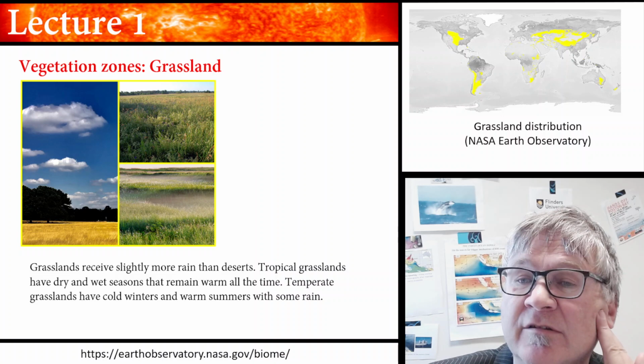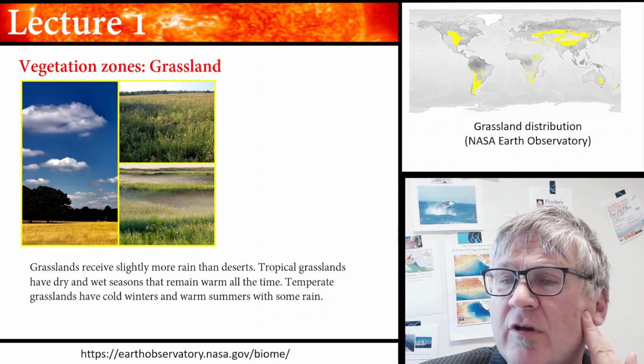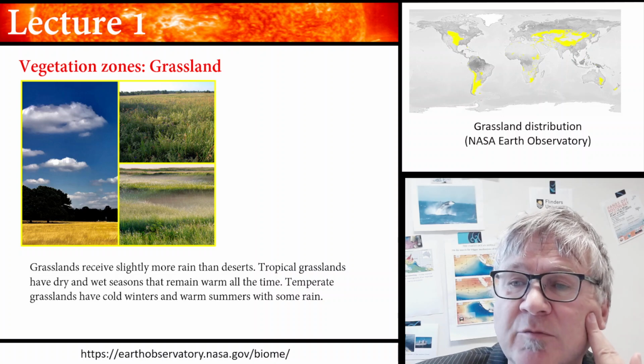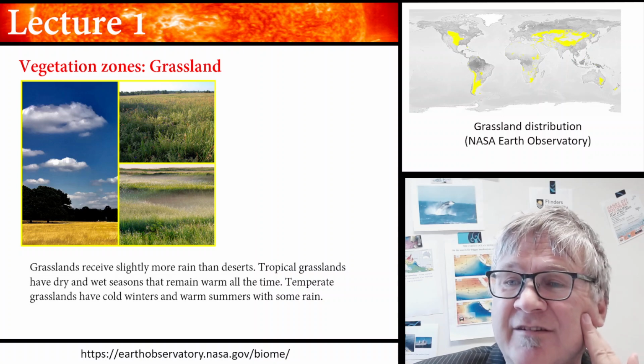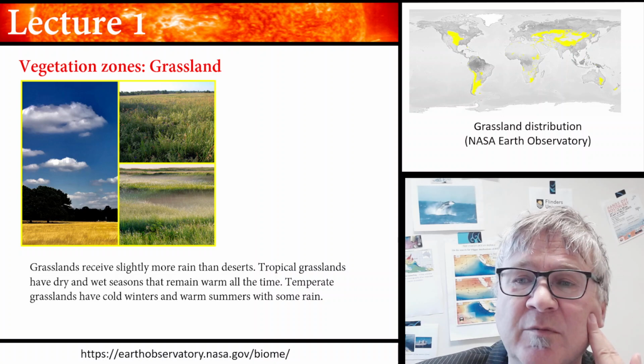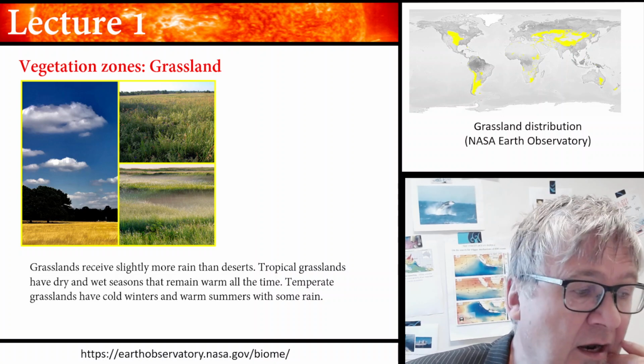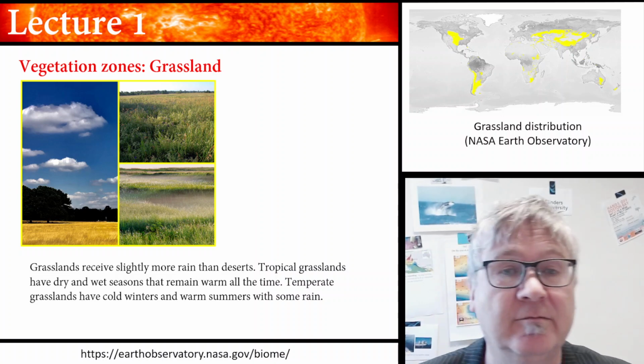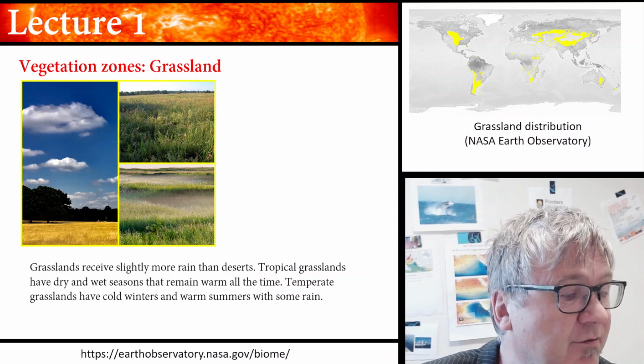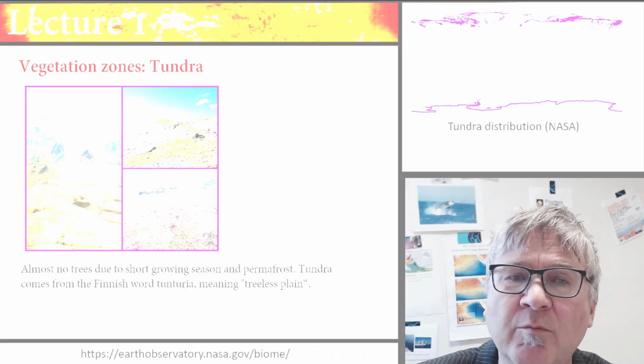And you can see the distribution again. And we're talking about areas which are at least 500 kilometers in extent, 500 by 500 kilometers. So these are large units, different vegetation zones. So is there one more? Do we have one more?